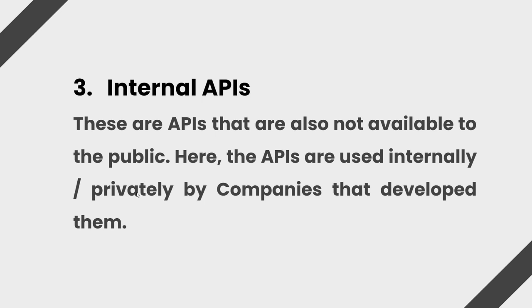So this means that they do not have a license for anybody out there who wants to use them. No, the company or the person develops this API for his own personal consumption. He didn't develop it for you to use. He didn't develop it for me to use. He also did not develop it for someone who wants to get a license from him. No, he just develops it for only him to use.